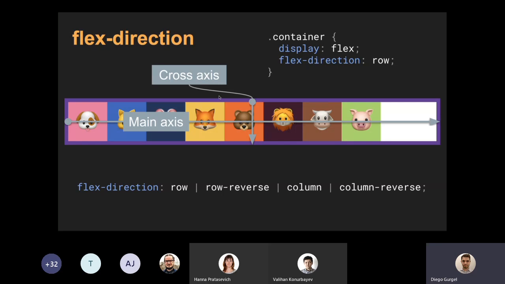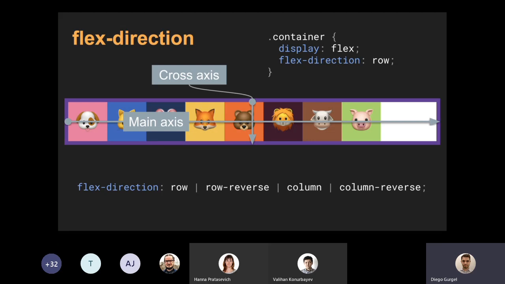And we also have a cross axis, kind of a secondary axis, and the secondary axis in the case of flex direction row will be from top to bottom. And then if we change to column, the main axis and cross axis will change as well.